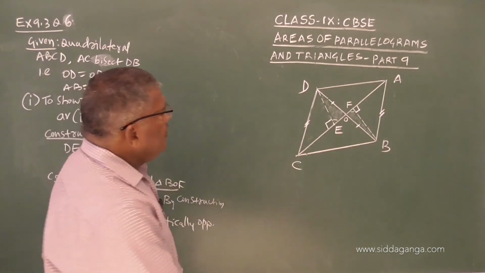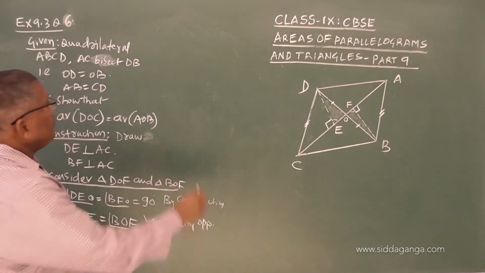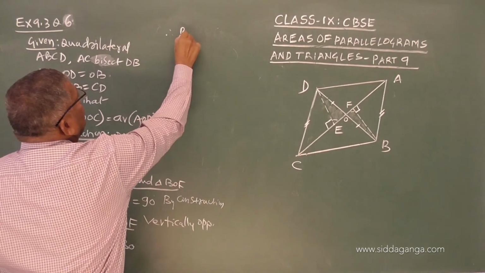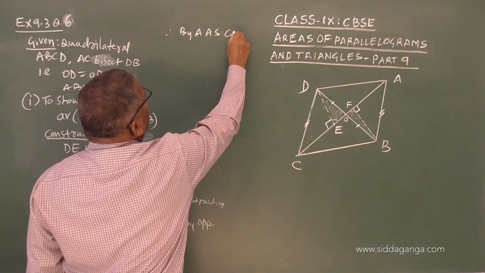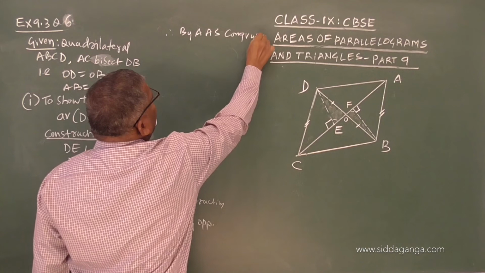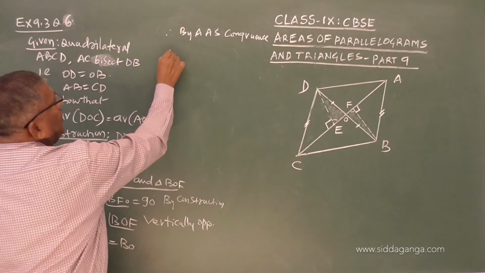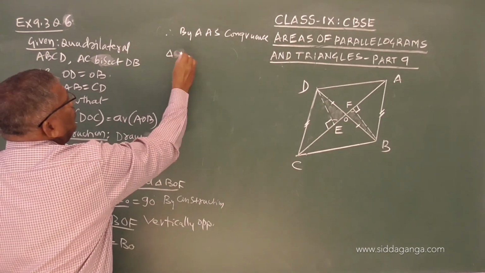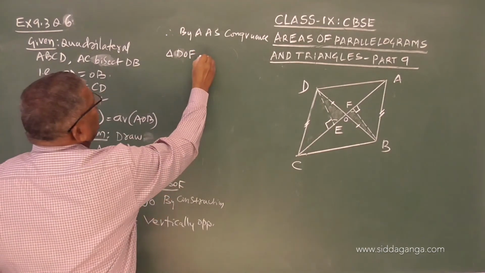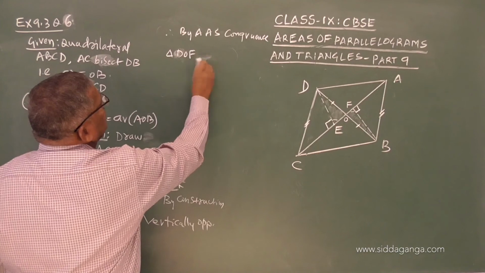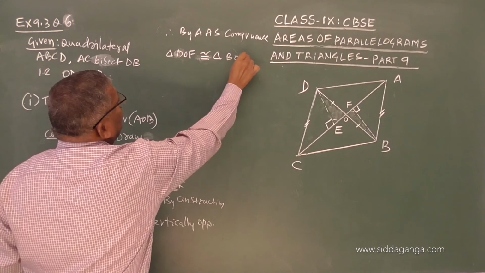So therefore, by AAS congruence, these two triangles DOE and BOF are congruent to each other.